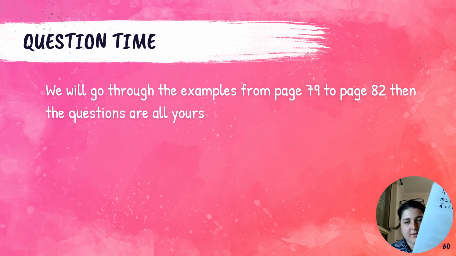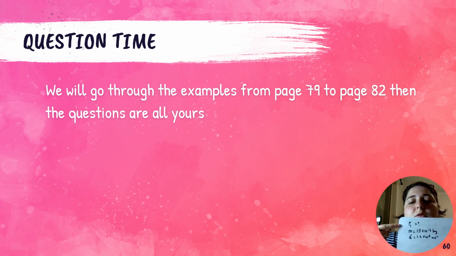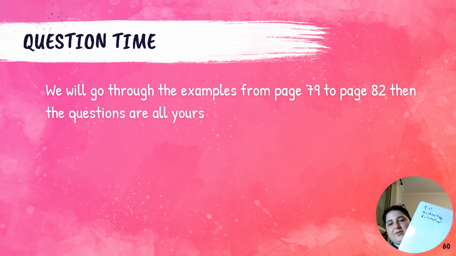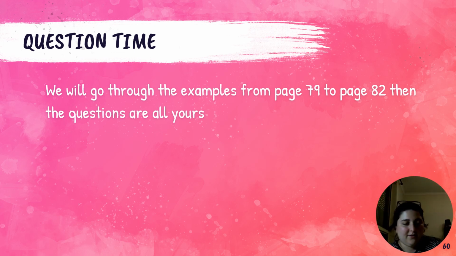All right, so we have everything. We're looking for a force, we have a mass, we have our acceleration, we have our formula. F equals ma. Right. Now that we have everything written out, we can plug it in.